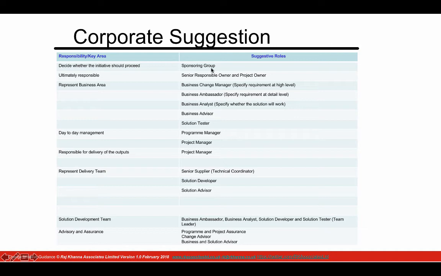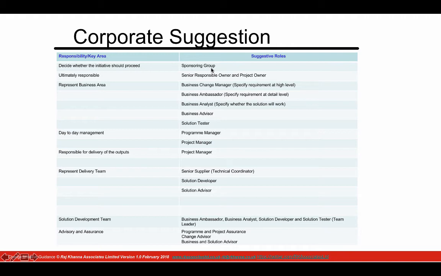So if it's across different organizations, like the new National Health Service initiative called Integrated Care Systems, you'd have somebody from the council, somebody from the acute trust, somebody from the clinical commissioning groups. So when those chief execs come together, they need to make sure that they agree and approve the initiatives, and hence the term sponsoring group is a very useful term to use.